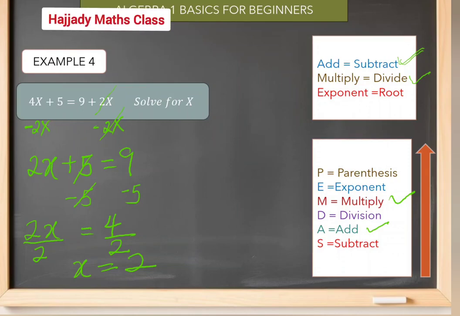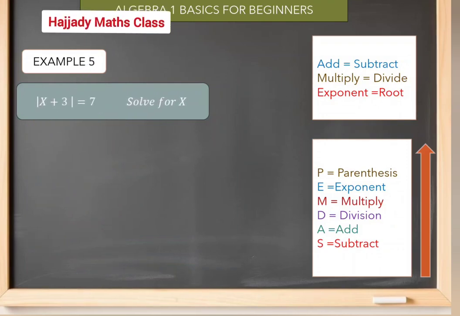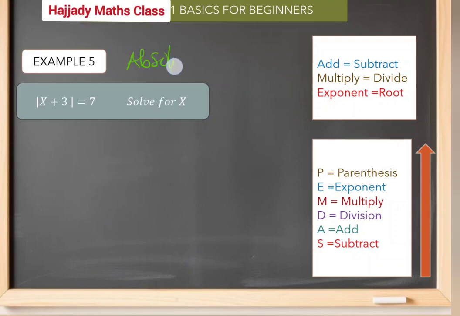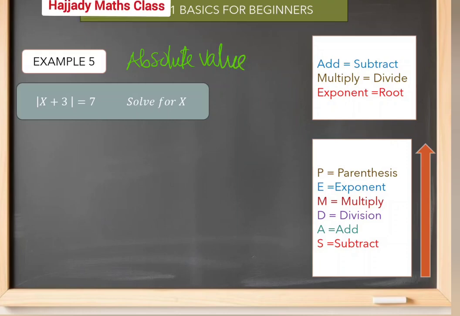Next, we move to example 5. In example 5, here we have something called the absolute value. How does that work? When you have absolute value, we are interested in the positive and the negative of that value.